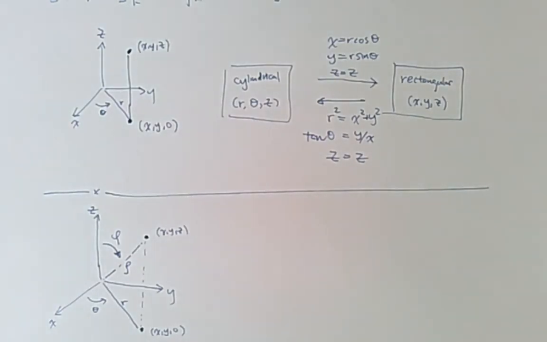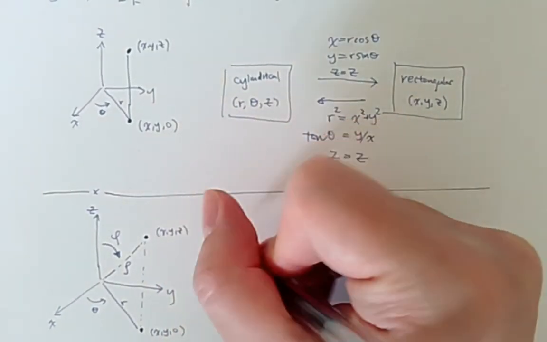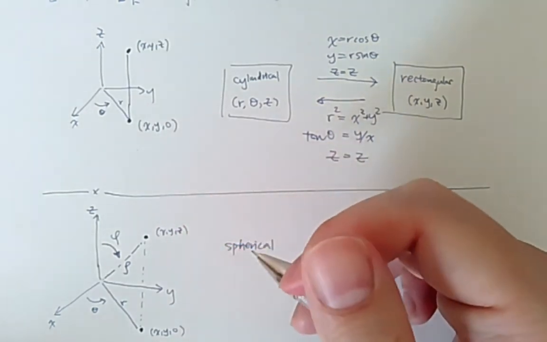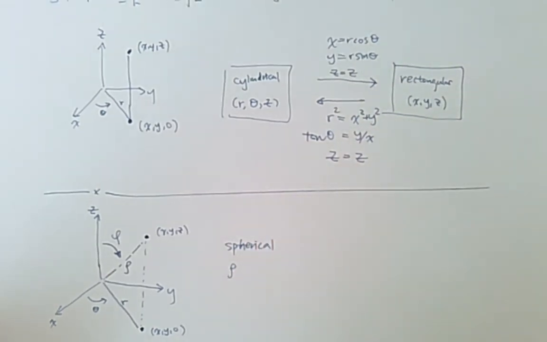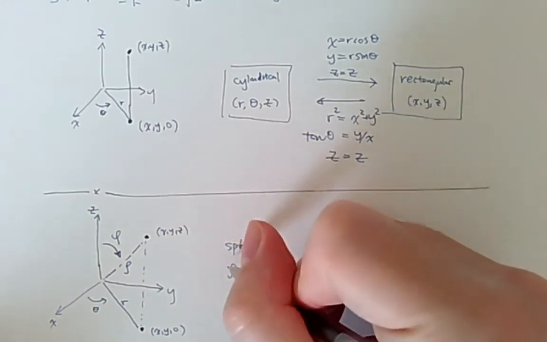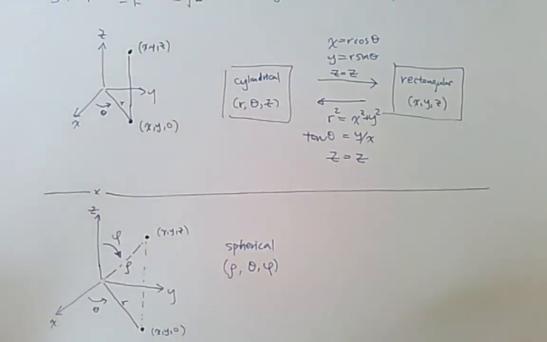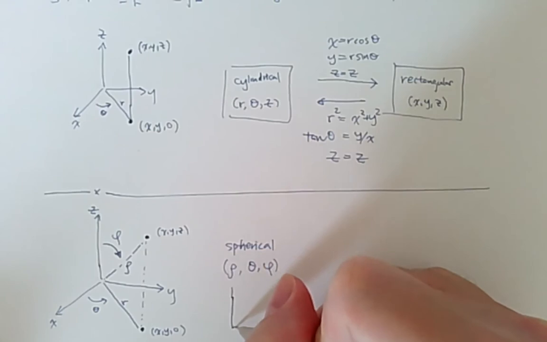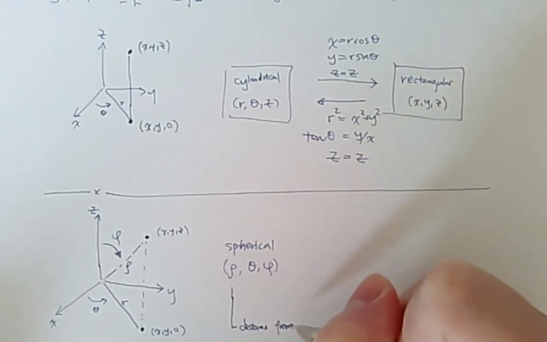So now let me summarize here. Spherical. For spherical, we'll start with rho, and then also write theta and phi. Those are our angles. So rho is distance from origin.